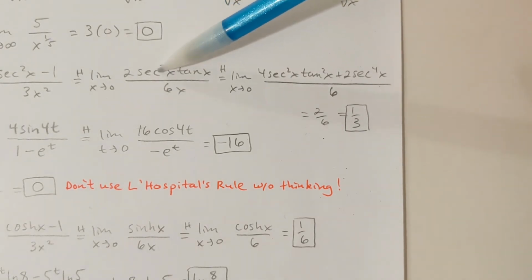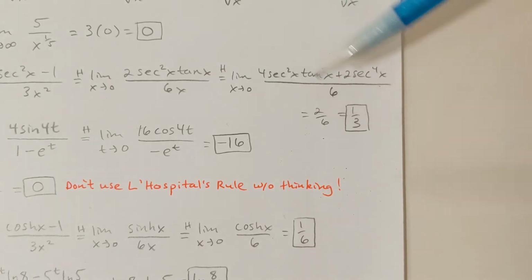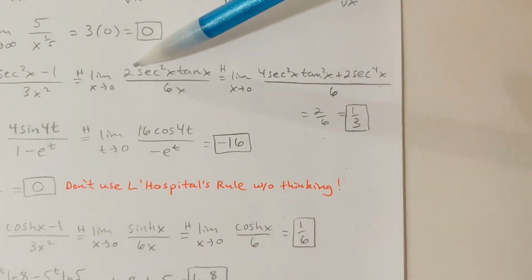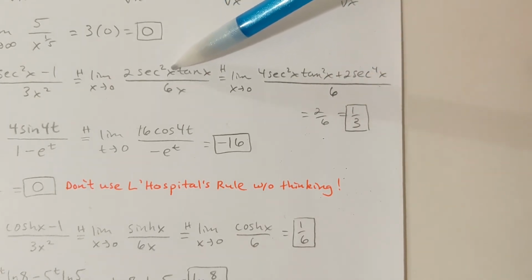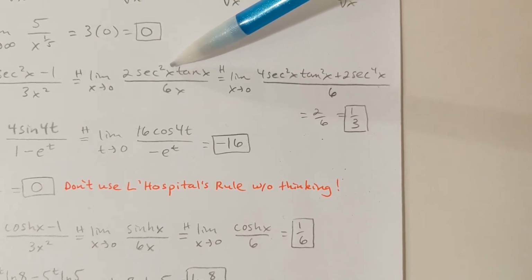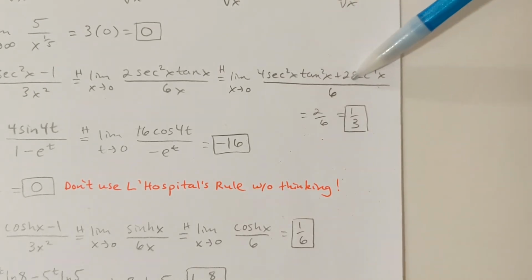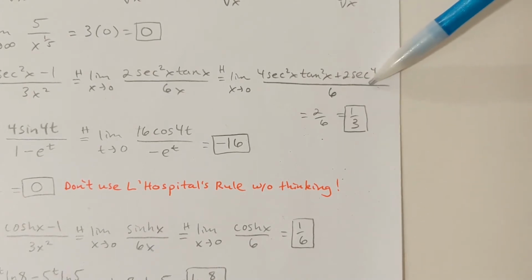In the numerator, I'm going to need the product rule, and within the product rule, I'm going to be using the chain rule. Okay, so let's let 2 secant squared x be the first term. We're going to have the first, which is 2 secant squared x, times the derivative of the second. The derivative of tan x is secant squared x. That'll give us 2 secant of x to the 4th power.